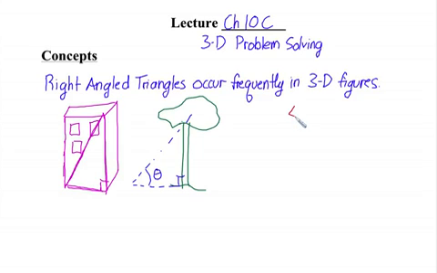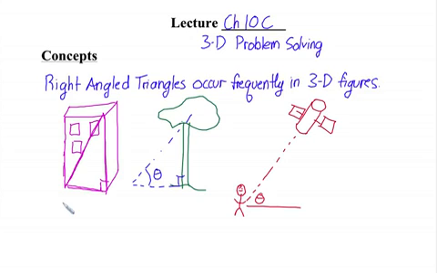Also, right triangles are used frequently by satellites, who are constantly helping us find our location. In our GPS devices, our cell phones, and for the government, these are very important. So we see trigonometry and right triangles in a lot of different places.